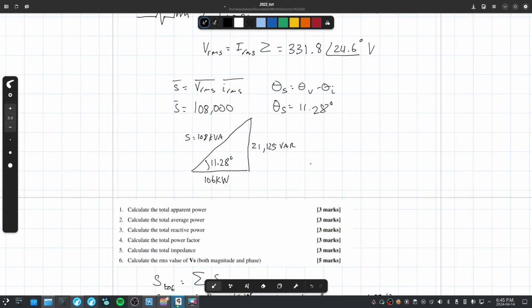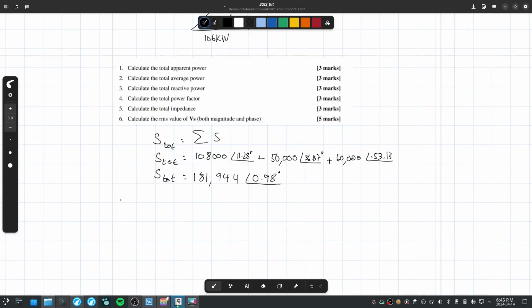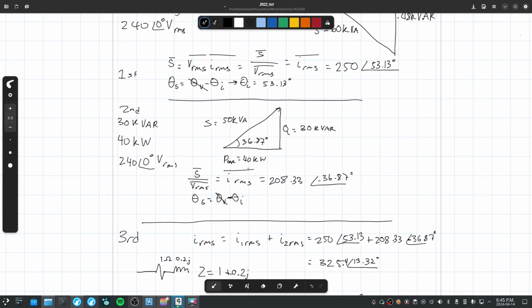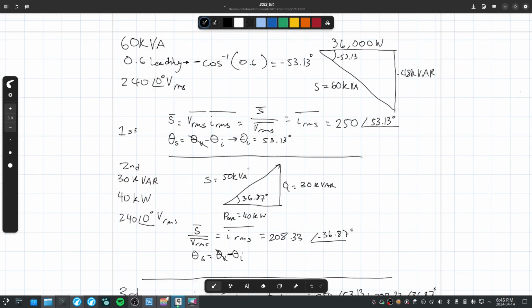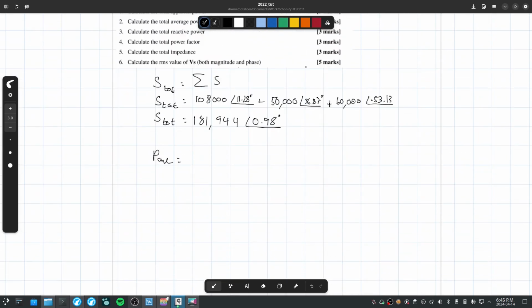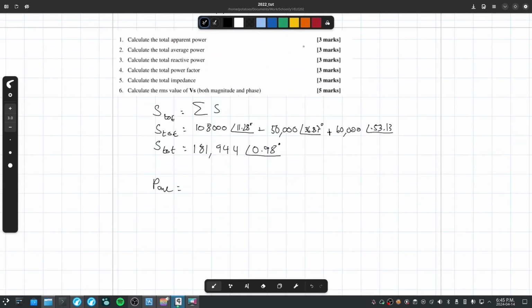So now let's find the total average power. And the total average power is, again, just a sum of all of your other numbers. So here we have 106,000 plus 40,000 plus 60,000. You get 206,000.